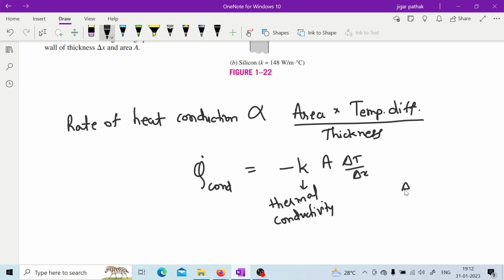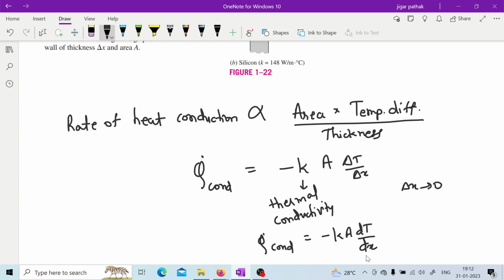If you take delta X tends to 0, then you will have minus K A dT by dX. This is how heat transfer is given in conduction.